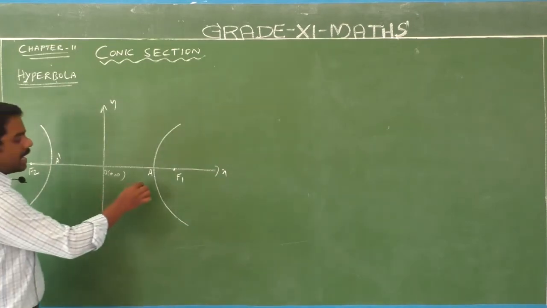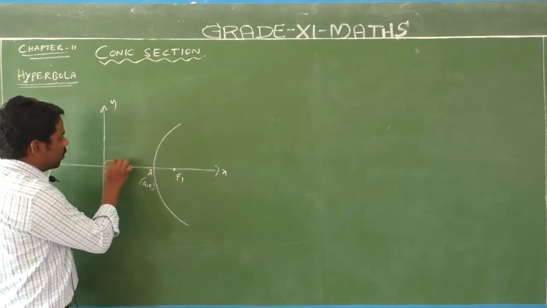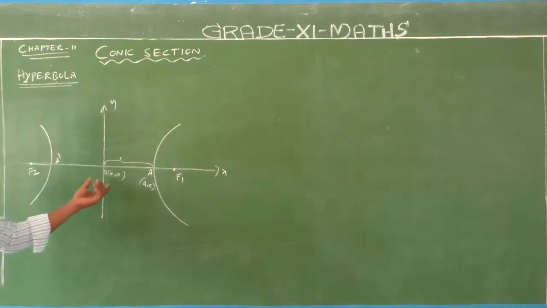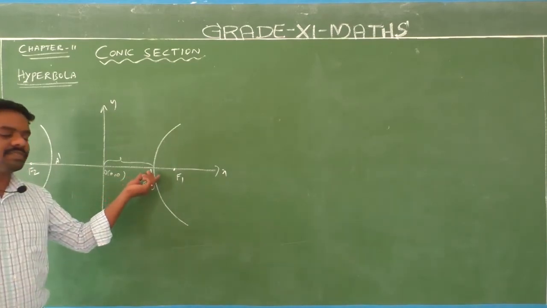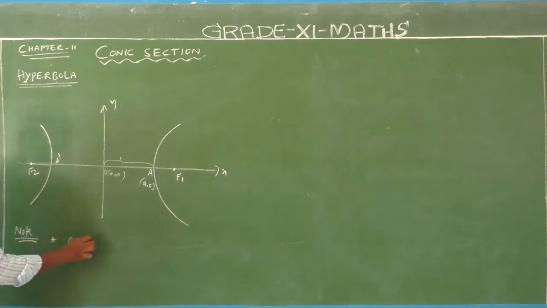Note, this point A is (a, 0). That means the distance between O and A, the distance between the center and one of the vertices, OA, is equal to a.